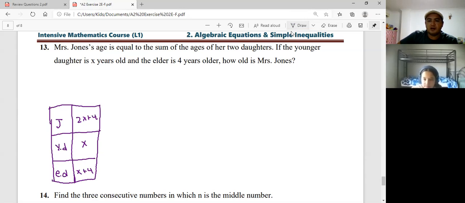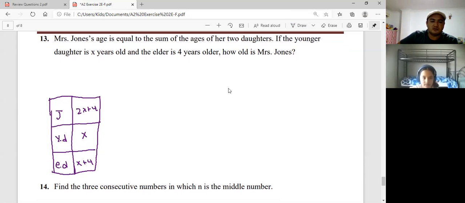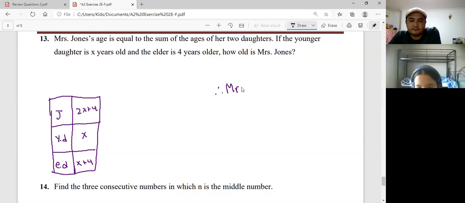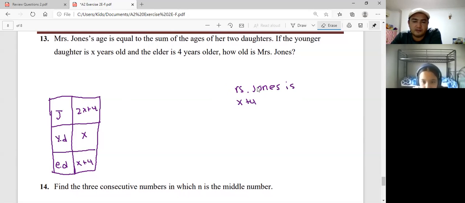And what is the question? How old is Mrs. Jones? So dot, dot, dot, Mrs. Jones is 2X plus 4 years old. Shahina, why did you leave a lot of space between the table and your answer? As you see here, you can write everything in one line, and always write your final answer at the bottom.